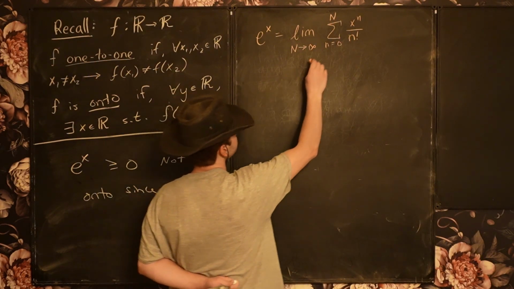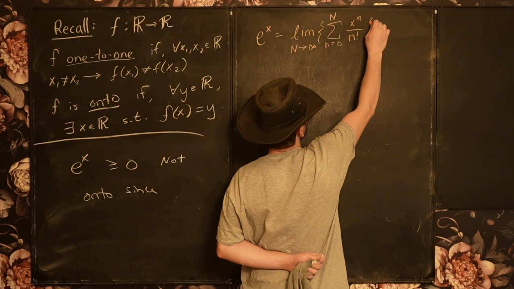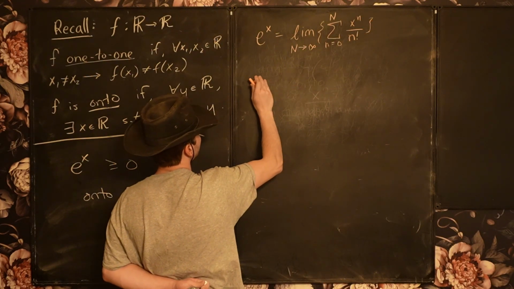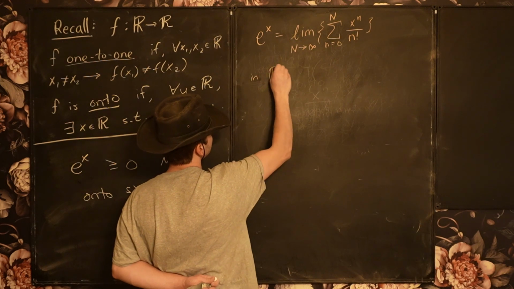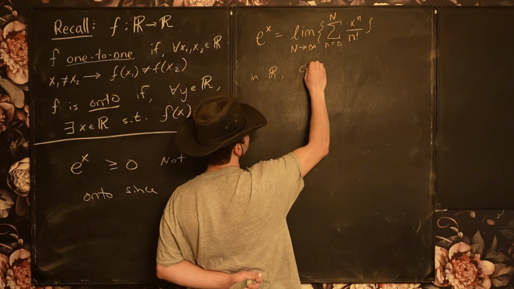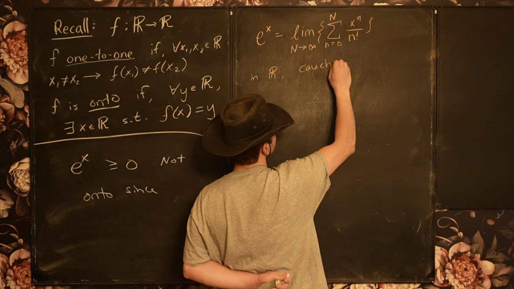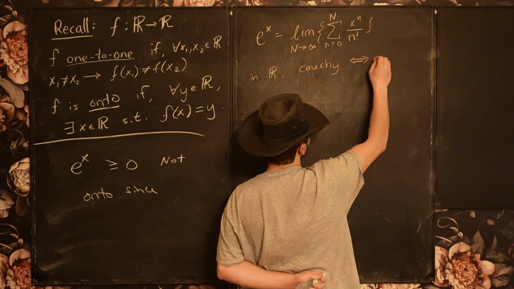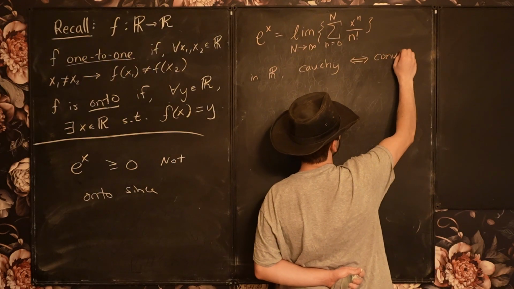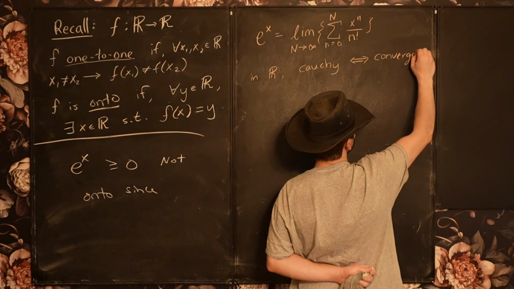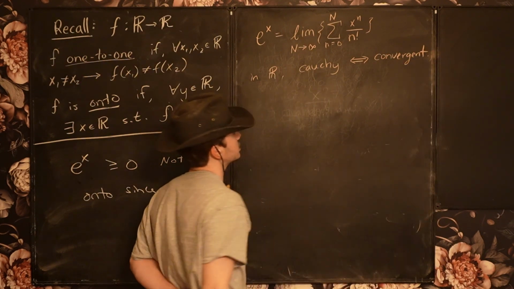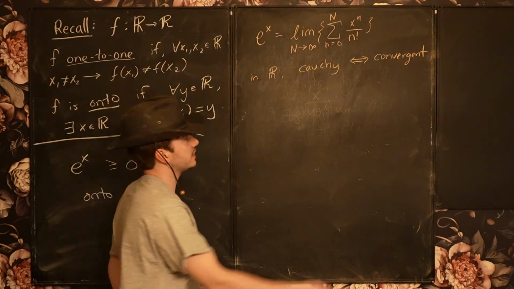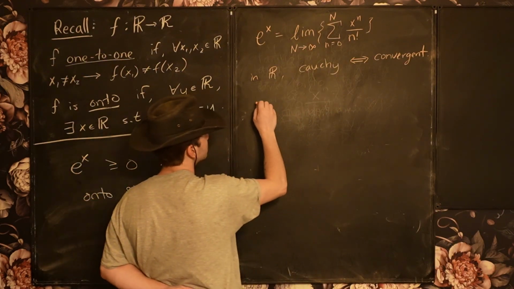Then to show, okay, we're working in the real numbers, where Cauchy sequences converge. So to show that e to the x is well defined, it suffices to show that the sequence is Cauchy.